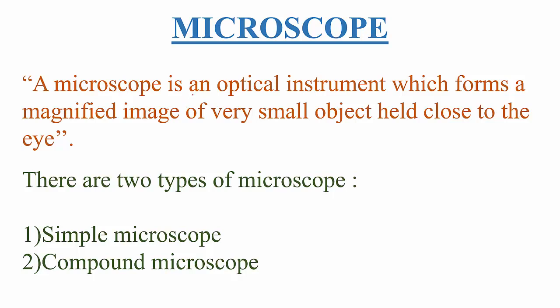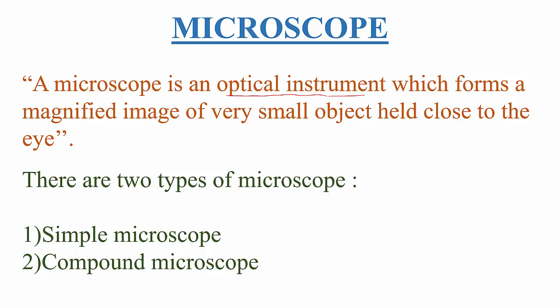So now the first optical instrument we are going to study is the microscope. What is a microscope? A microscope is again an optical instrument. Why do we use it? Microscopes are used to magnify the image, meaning an enlarged image of very small objects.